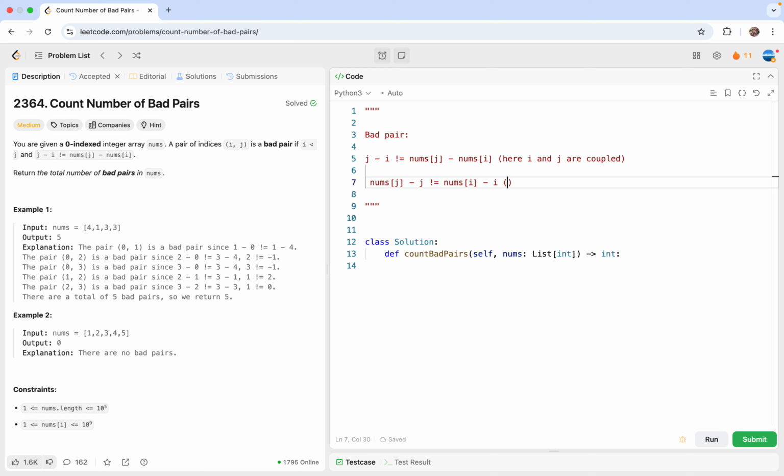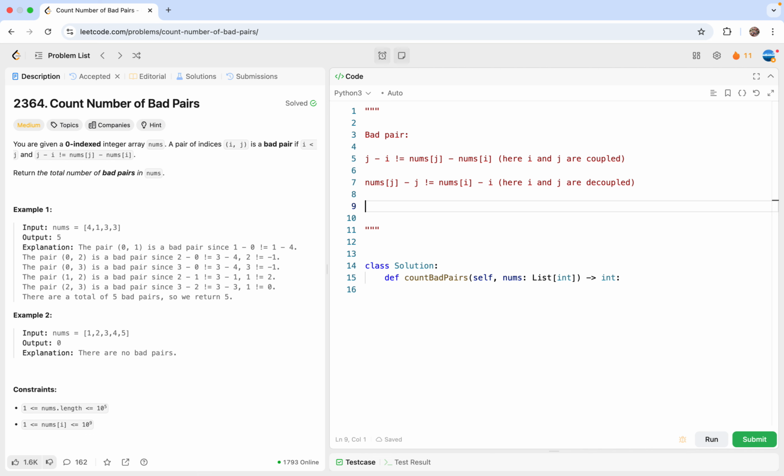Mathematically, the equation at line 5 and the equation at line 7 are equivalent. But in terms of logic, in the second one i and j are decoupled. So the equation at line number 7 is what we want to use to solve the problem.